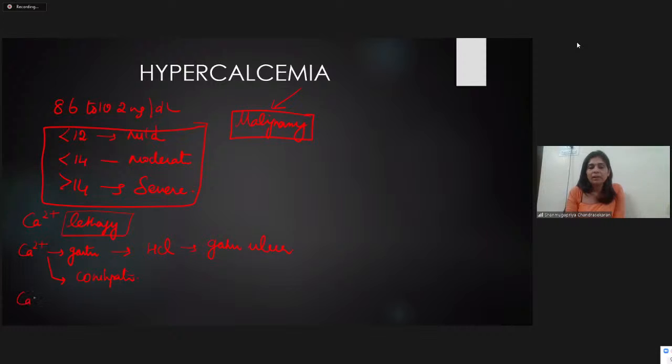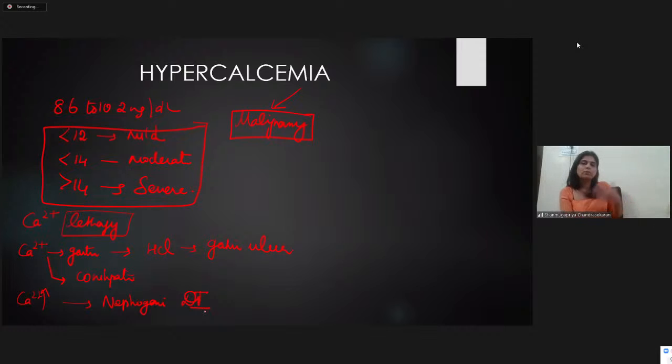And apart from this, when calcium level is even more elevated, it presents as nephrogenic diabetes insipidus. There are many hypotheses behind why hypercalcemia causes nephrogenic diabetes insipidus. One is calcium is found to cause apoptosis of aquaporin 2 channels.